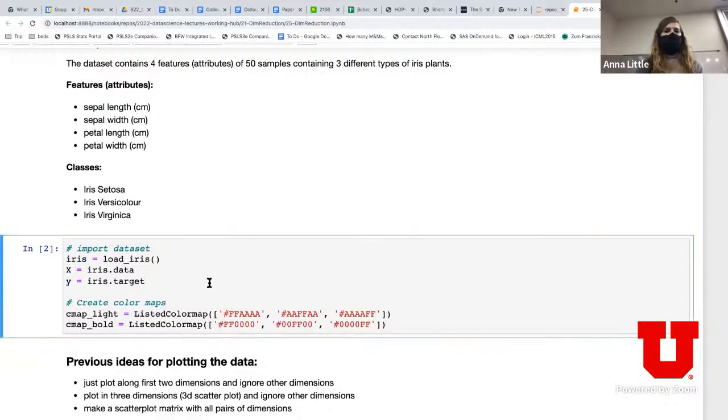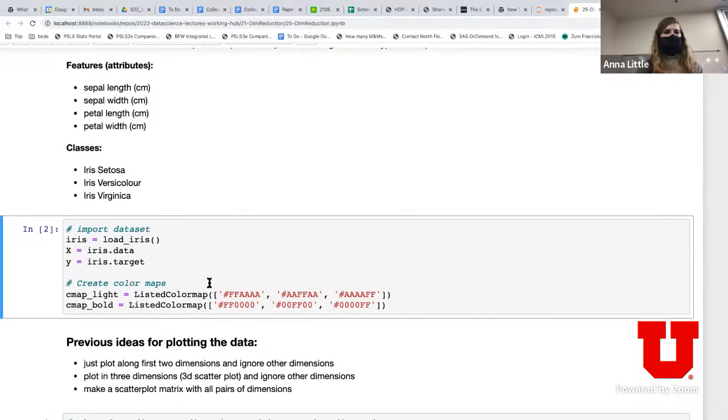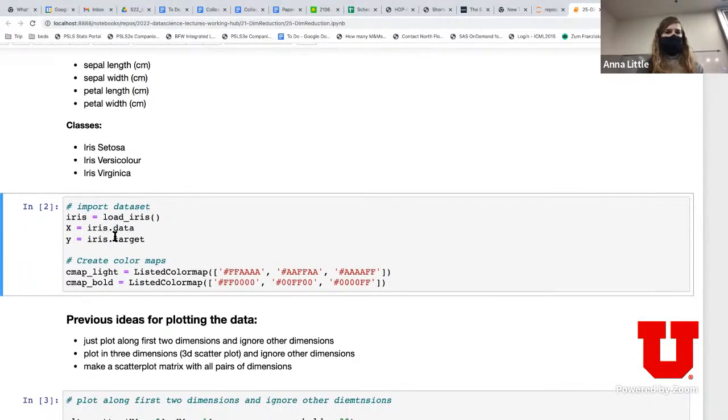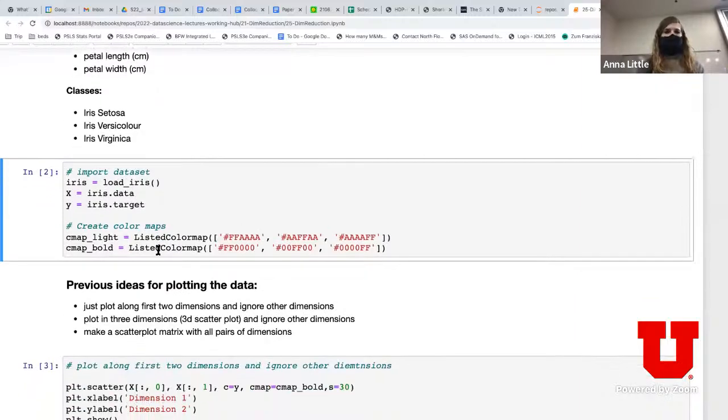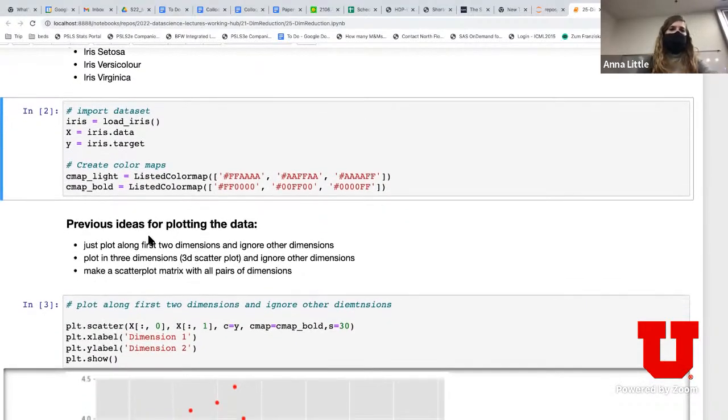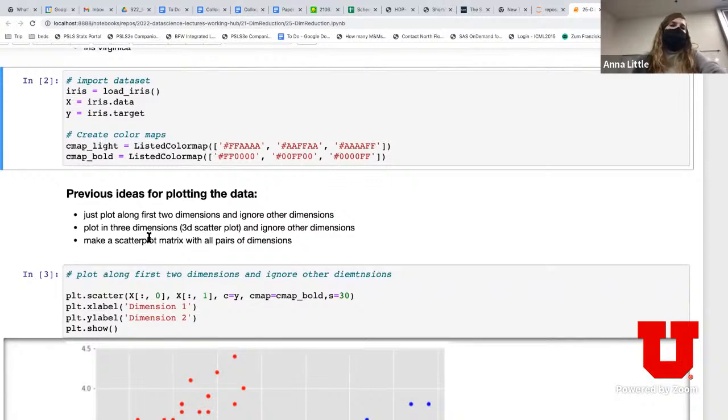Okay, but let's take a look at this. We can just load this iris data, extract the labels, and then create some color maps here. If we want to visualize this data, what are our tools so far? Well, we can just plot the first 2 dimensions and ignore the rest, but the more dimensions you have, the worse that's going to be at telling you what's going on in your data.